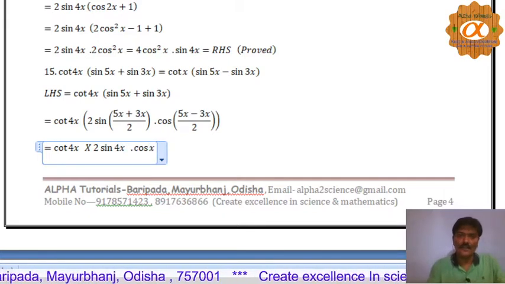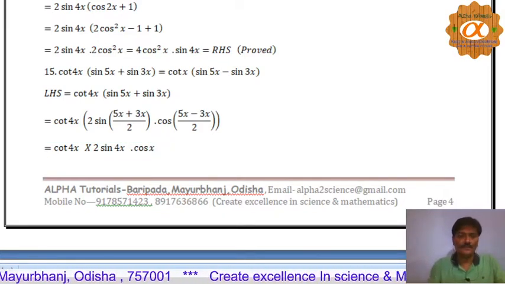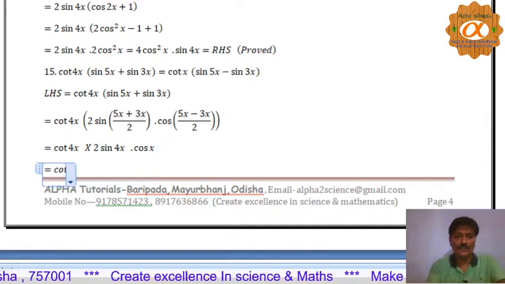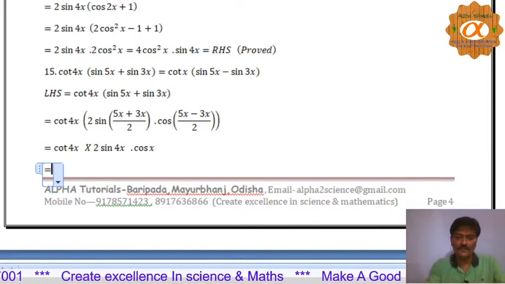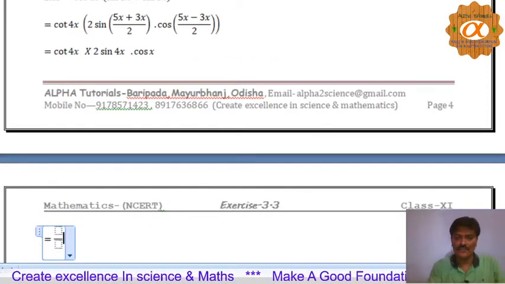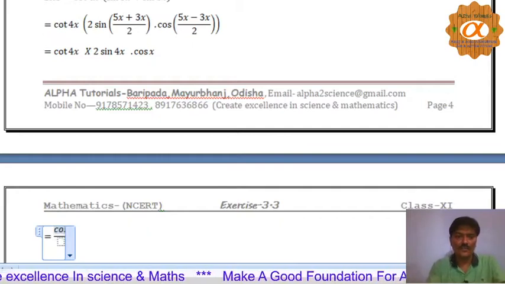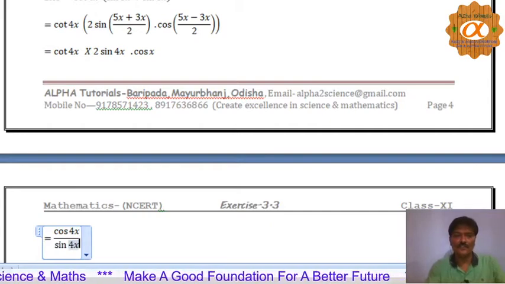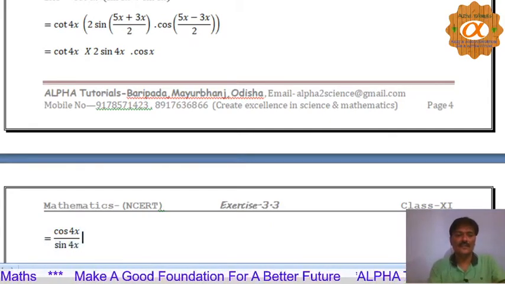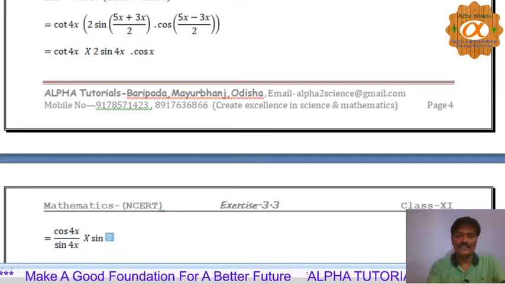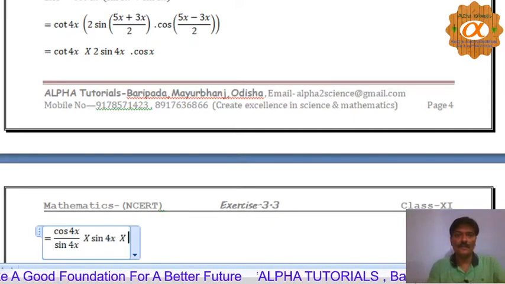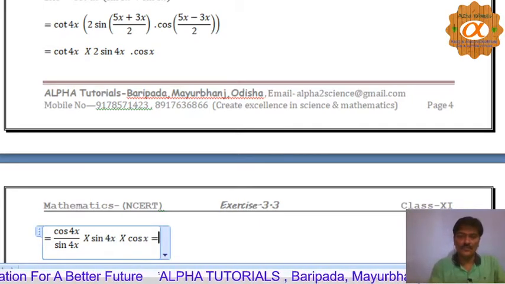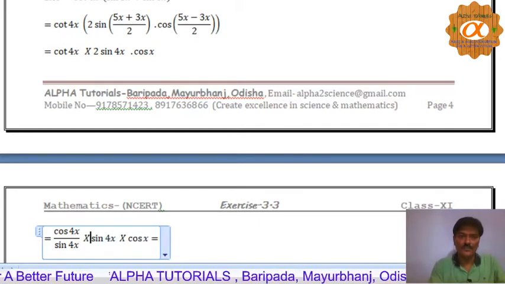Now cot 4x can be written as cos 4x by sin 4x, because I want to cancel the sin 4x. So here it is sin 4x multiplied by cos x. There is a 2, I have missed the 2 here.